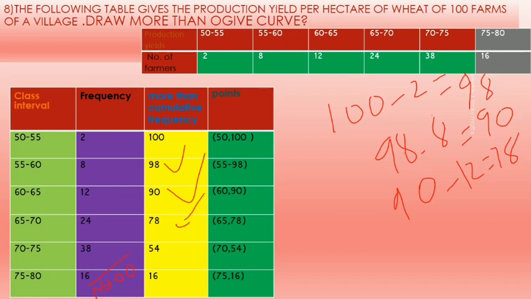So in this way we can write the more than cumulative frequency, and take lower boundaries and cumulative frequency as points.